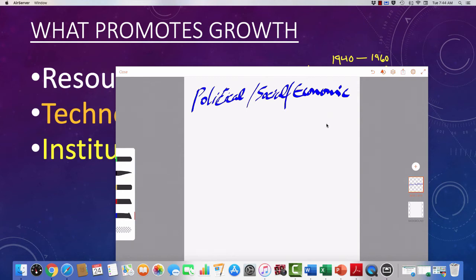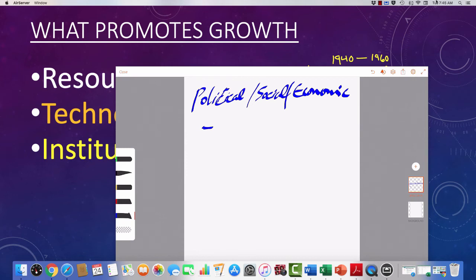Now, not all societies are the same, which means not all societies have the same institutions. And if institutions are important in terms of economic growth, and they are, then we should be able to find some institutions that help to promote economic growth more so than other types of institutions.